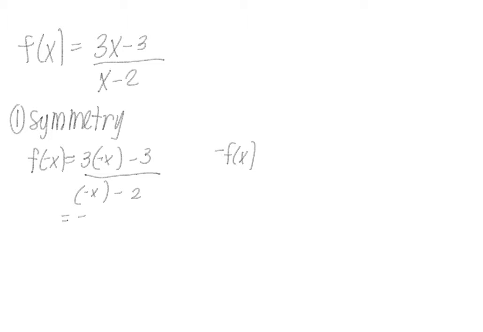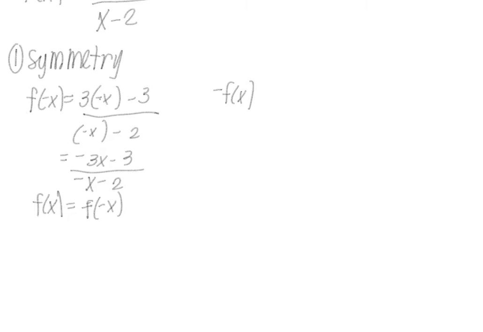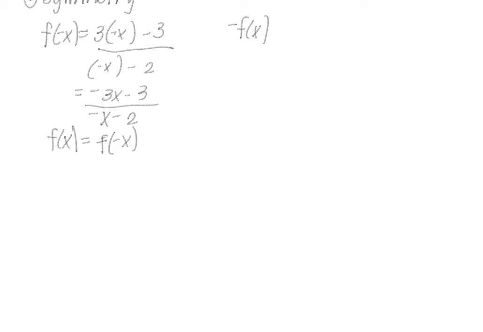That would boil down to negative 3x minus 3 over negative x minus 2. In order for it to be an even function, or for there to be symmetry about the y-axis, f of x and f of negative x would need to be equal. And since they're not equal, this is not even.